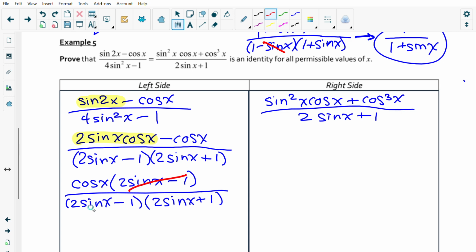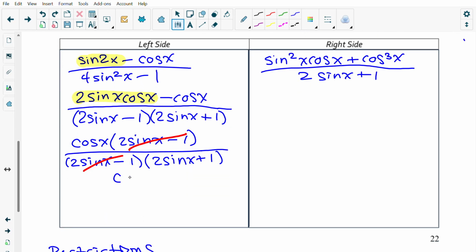Okay, 2 sine of x minus 1 divided by 2 sine of x minus 1, that's equal to 1. So I can simplify it down to cosine of x divided by 2 sine of x plus 1. Okay, I'm going to leave it there.